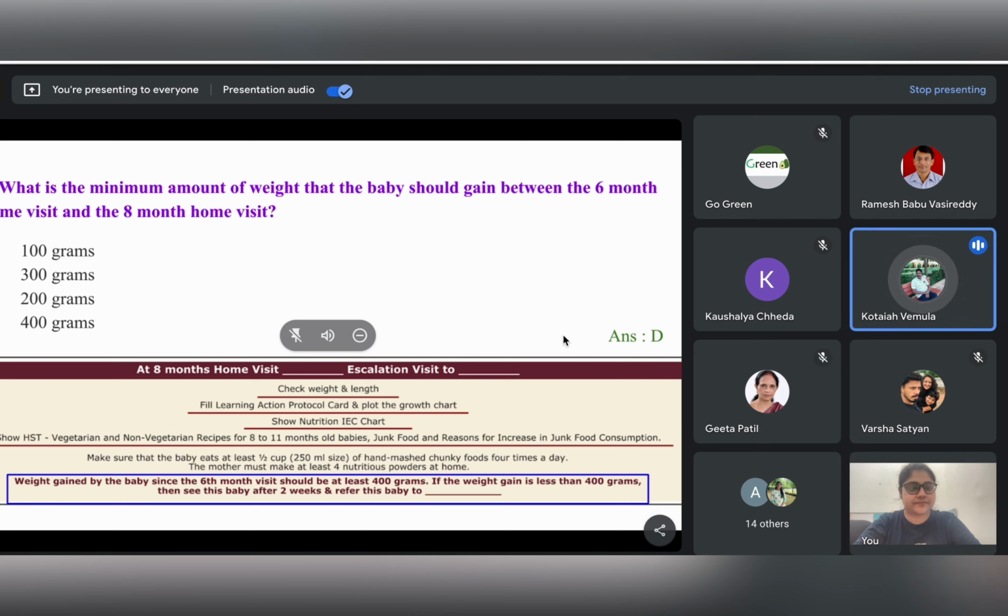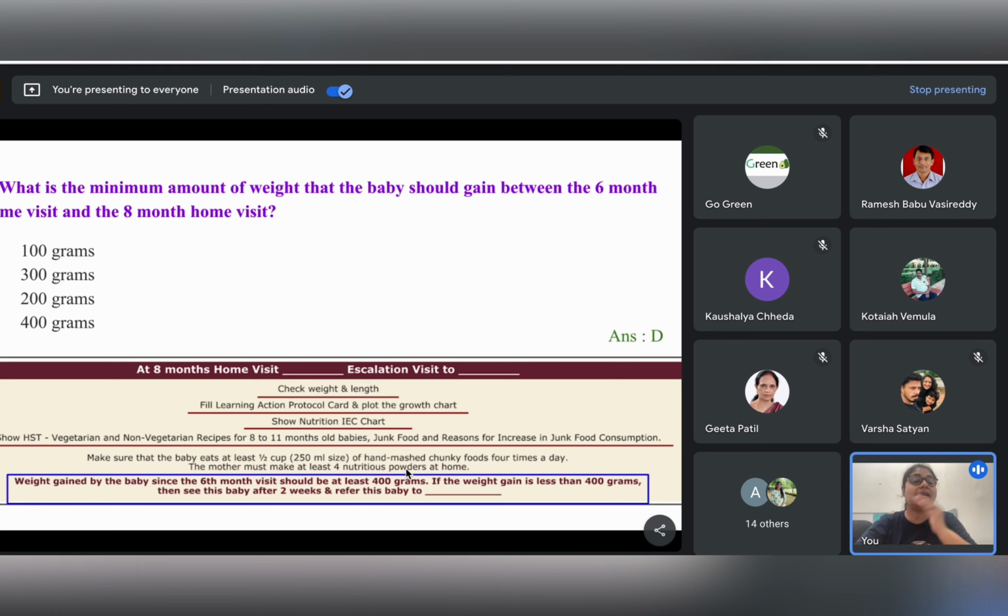So what I mean to say is that the difference between both is only the real age, no? You need to plot, no? Yes, as per this question, the 400 grams. This question is specifically asking what the weight gain is between 6 months and 8 months of age.